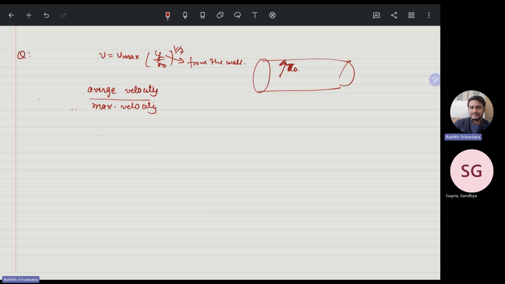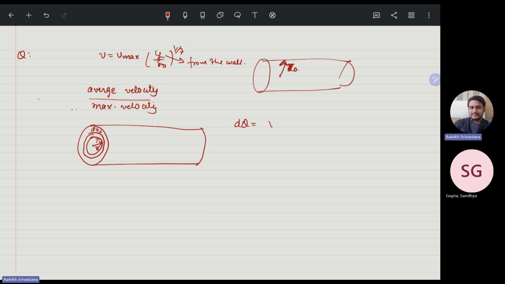So for that, suppose this is your tube. Take an elemental strip at some small distance r with a thickness of dr. What is your volume flow rate dq? It is velocity into area.